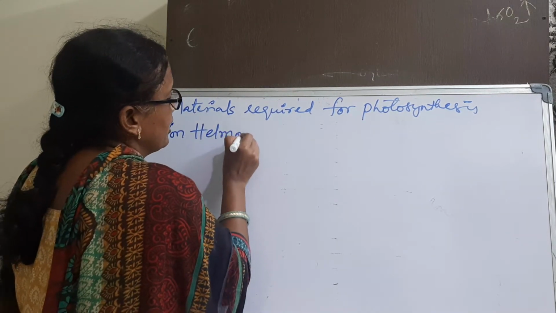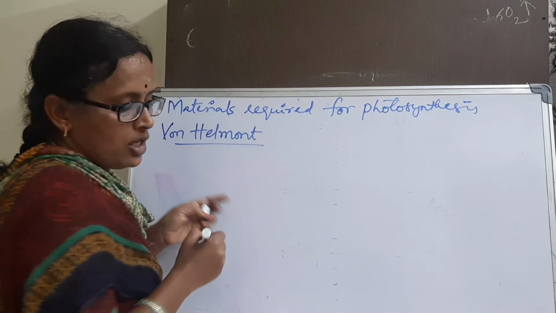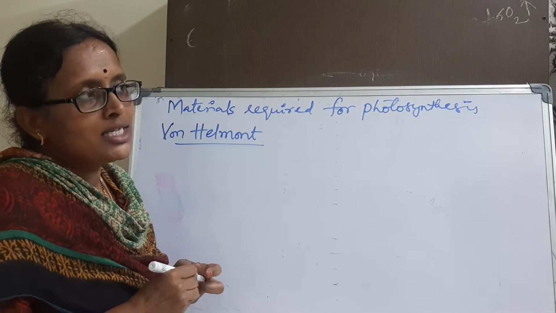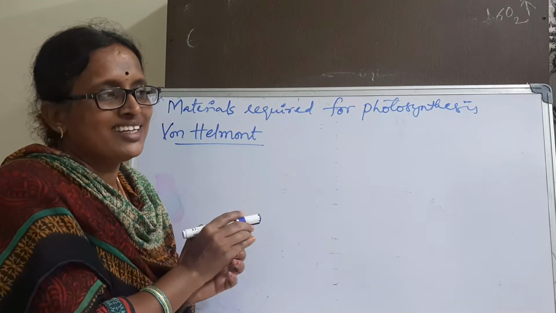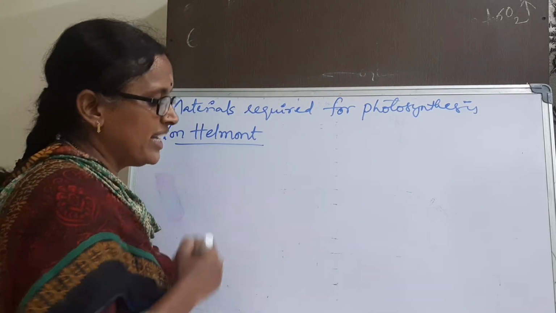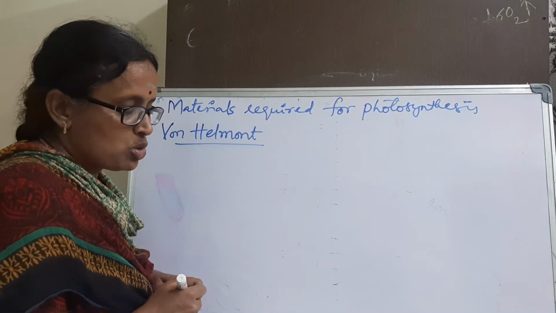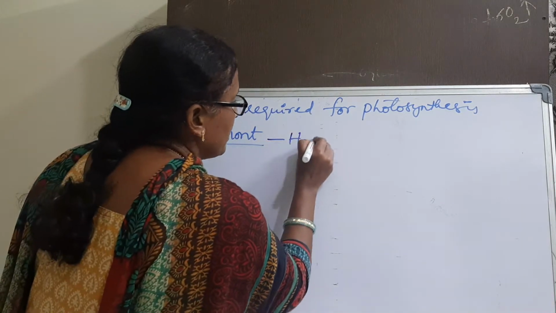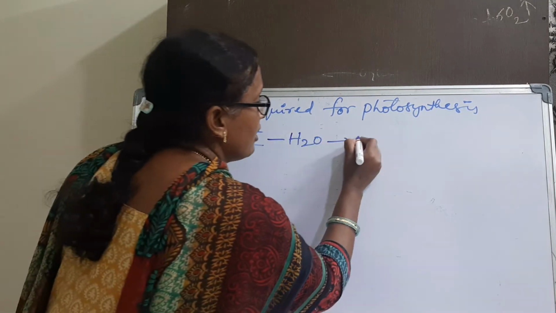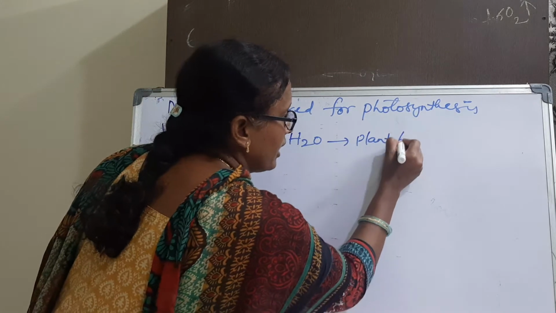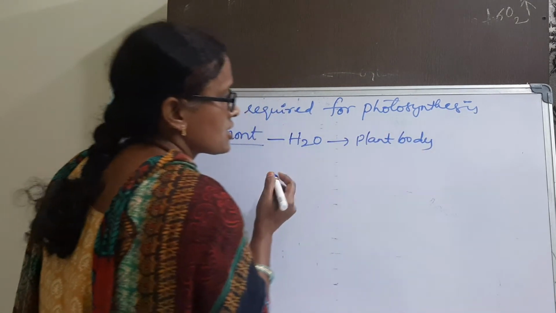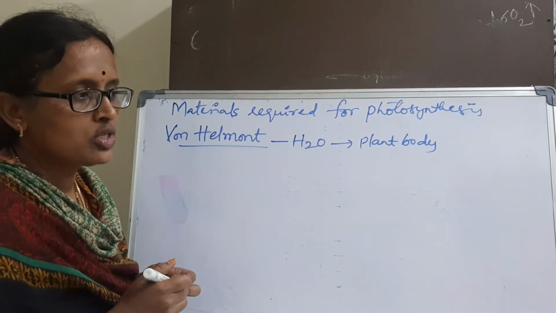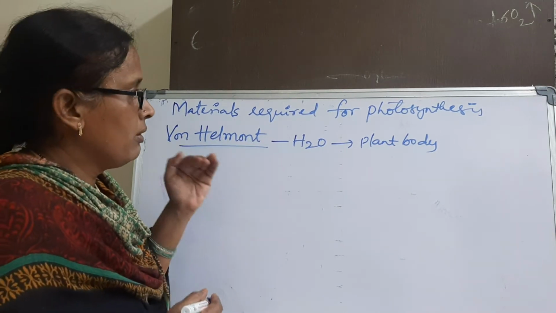Van Helmont thought that plant mass and plant body size increased due to the uptake of water. Water is the main reason to increase the plant mass.